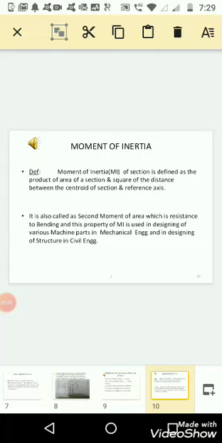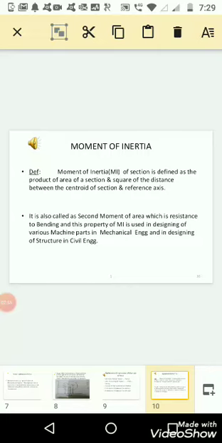Whatever external moment is on a beam which causes bending action, the beam will resist this bending action. The beam's material inherent property will try to resist this moment. That's why it is also called second moment of area, which is resistance to bending.